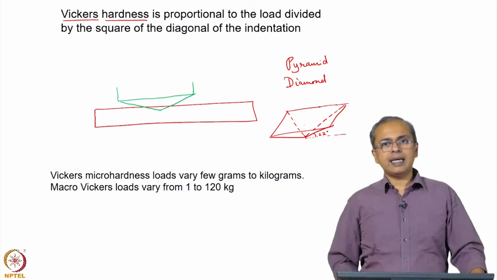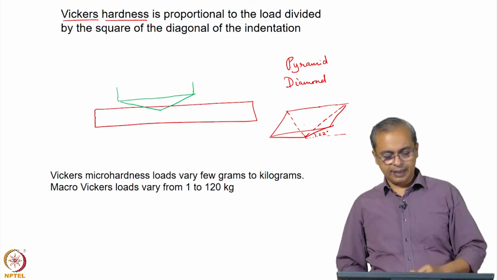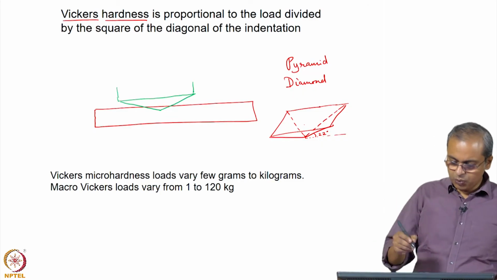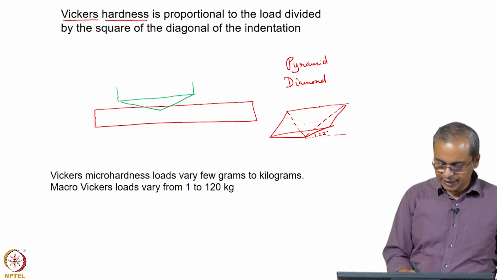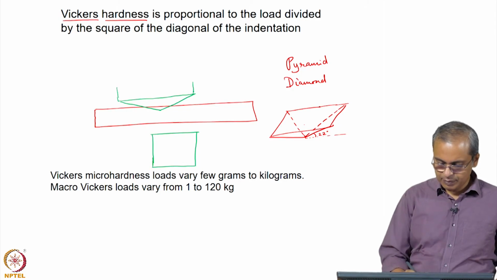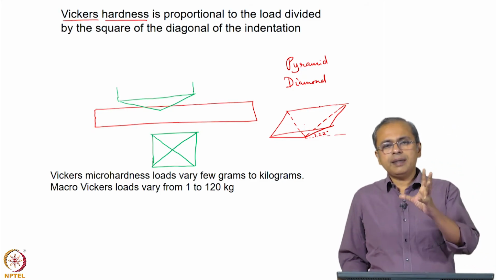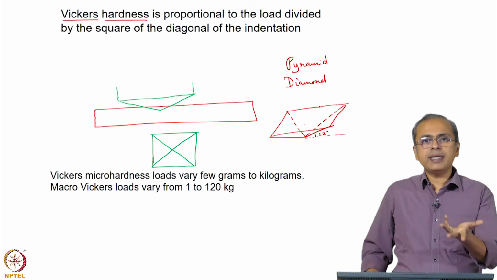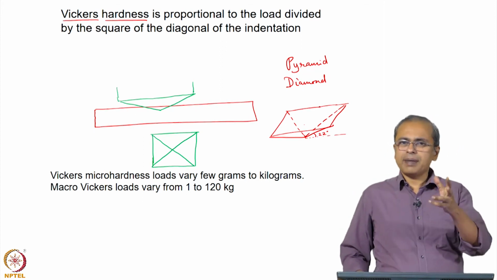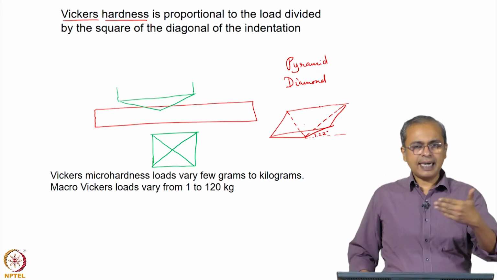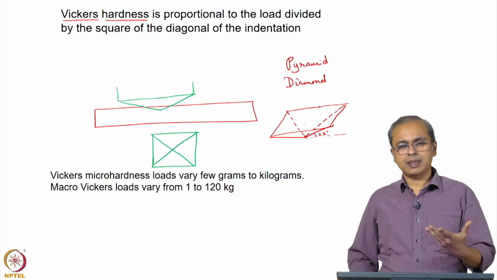So, once you get done making the indentation, if you remove this indenter, you can look down on that indentation and you will see an indentation that looks like this, a square shape, roughly square shape, and it will have 2 diagonals. So, now usually given that it is a pyramid, you should get an exact square, but you may or may not get an exact square based on maybe some lateral variation in properties of that sample and so on.